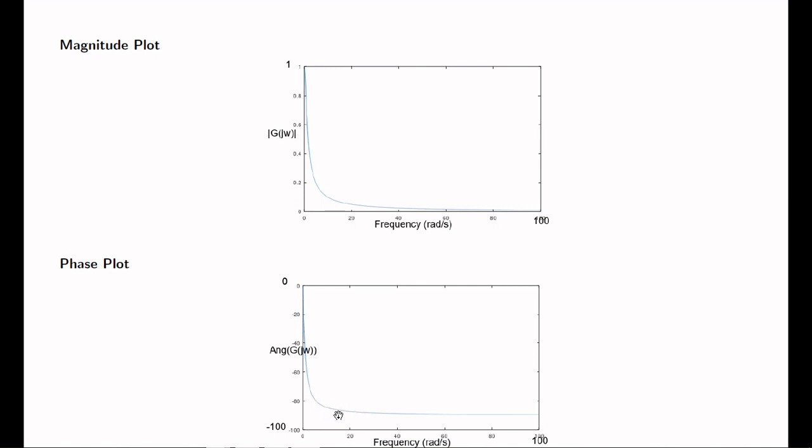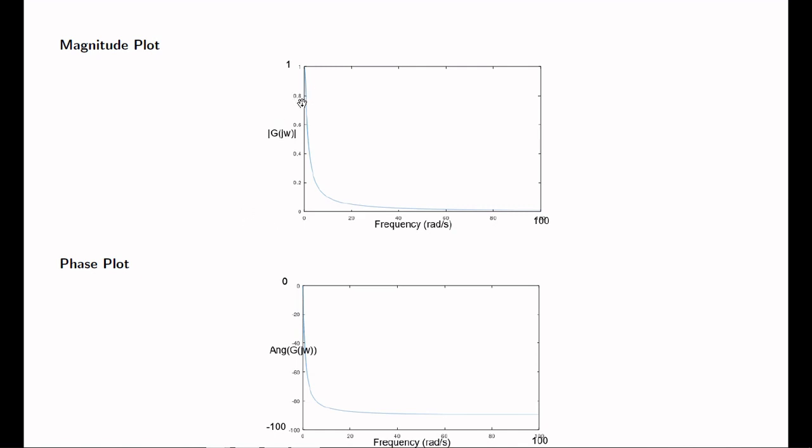And if I increase the frequency beyond 20 radians per second, then the phase lag is going to remain constant at almost 90 degrees. So I understand the performance of the system for different input frequencies, both through this magnitude plot and the phase plot.